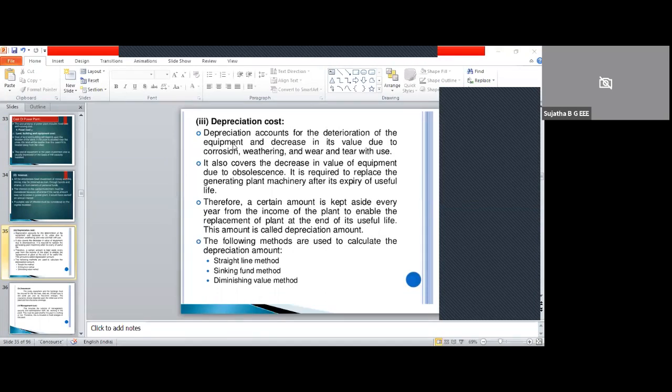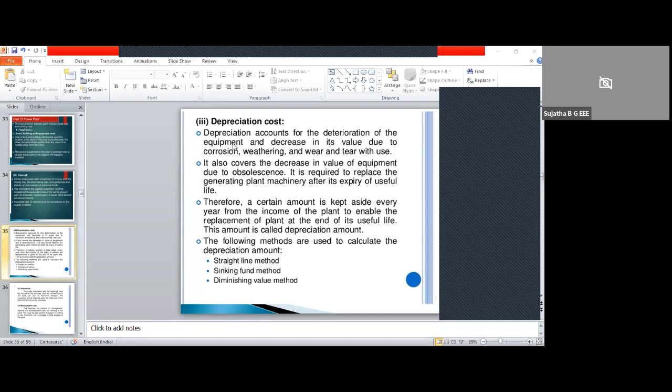As years pass by, the value of the property or vehicle will go down because of corrosion and wear and tear with use. If you have an asset after 10 years, its value will not be the same as the new asset. The value goes down as the years pass by.